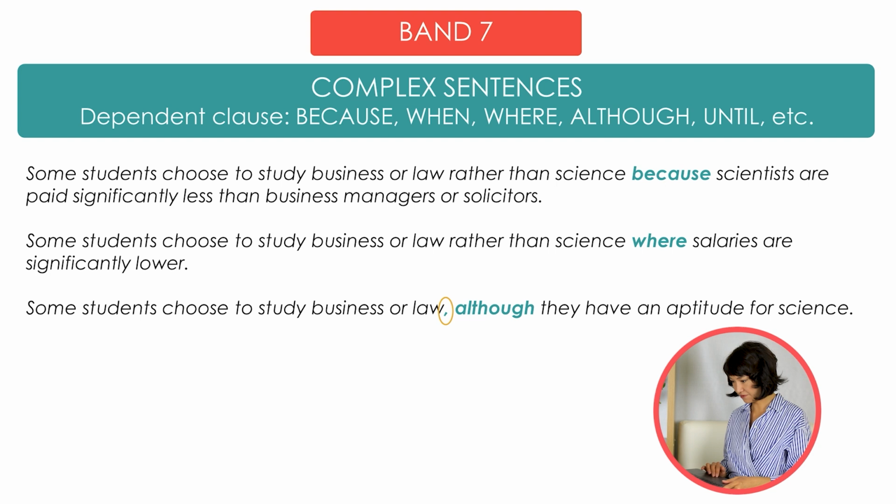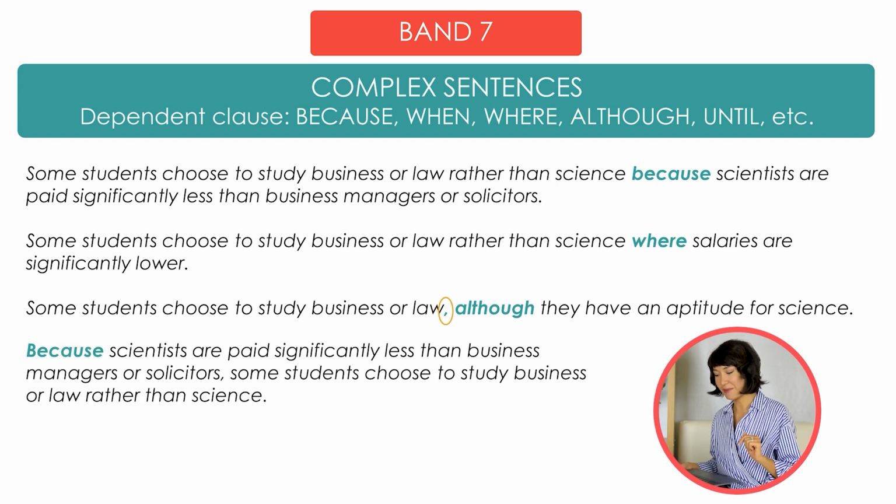So let's transform the first sentence. We move because to the beginning. Because scientists are paid significantly less than business managers or solicitors, comma. Some students choose to study business or law rather than science.